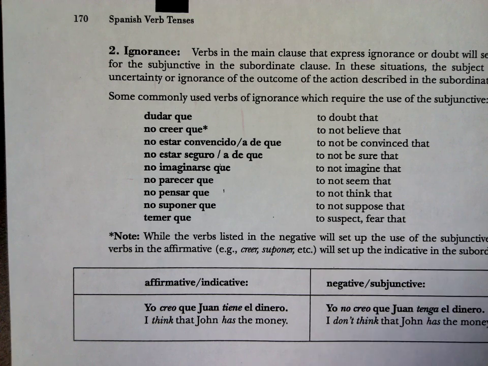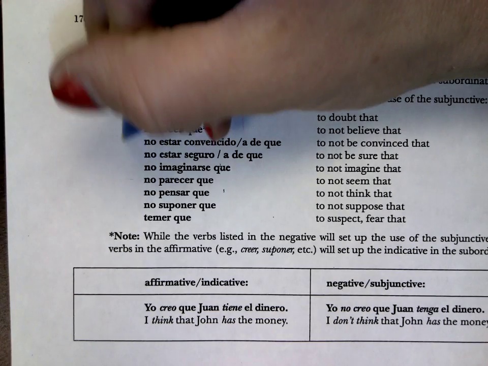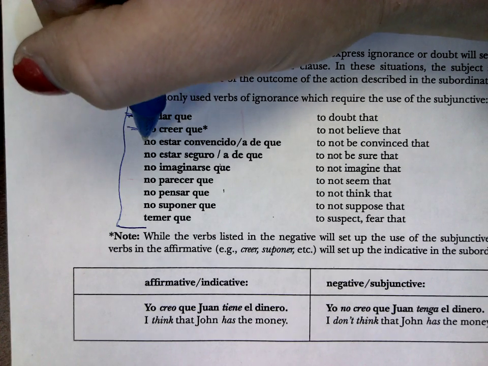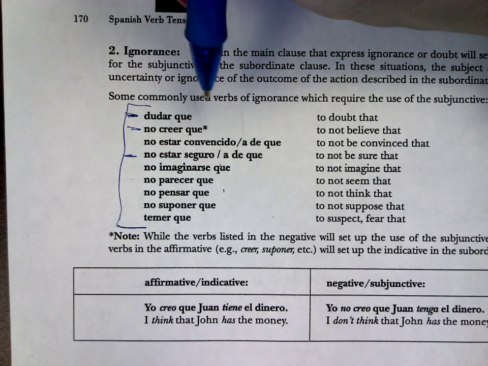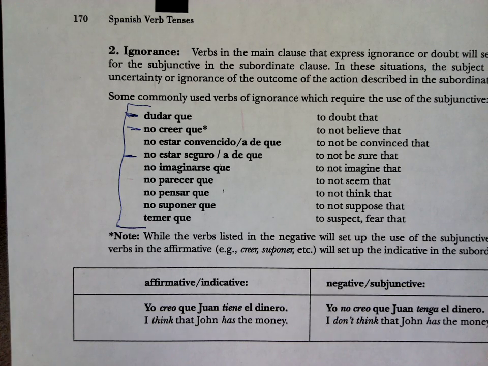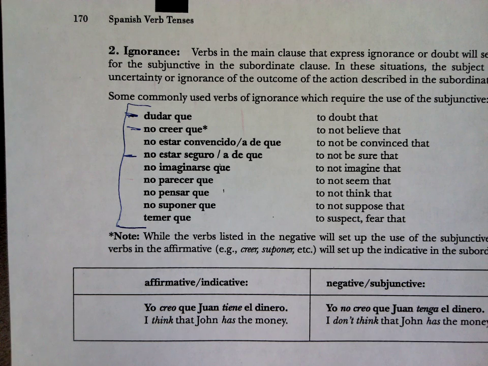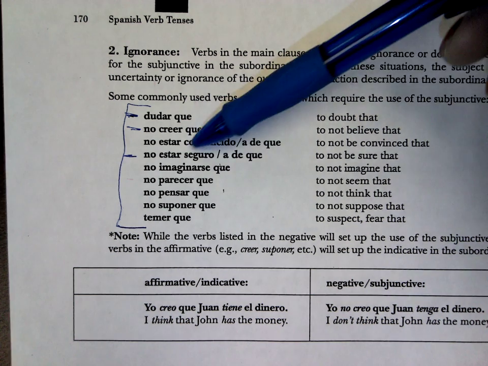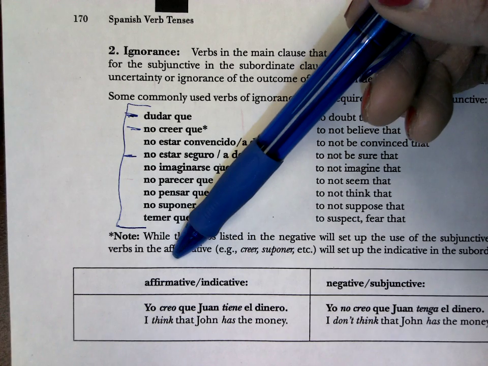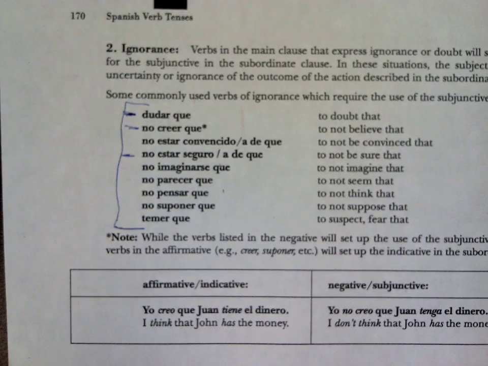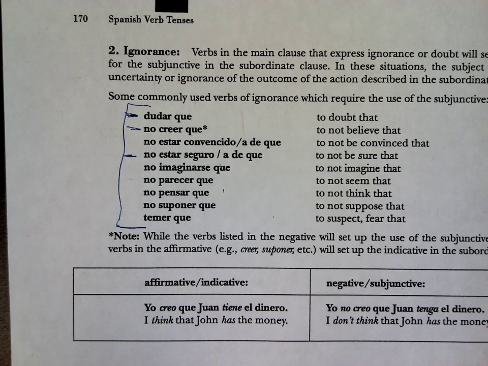Now the list that they give you is a little longer than the one that I gave you, but the ones that we really want to focus on are dudar, no creer, no estar seguro, and then of course they don't have es dudoso, but we're familiar with that. And they show you real quickly some additional ones, and then the difference between if it's affirmative, meaning that there's no doubt, versus if there is doubt, requiring subjunctive.